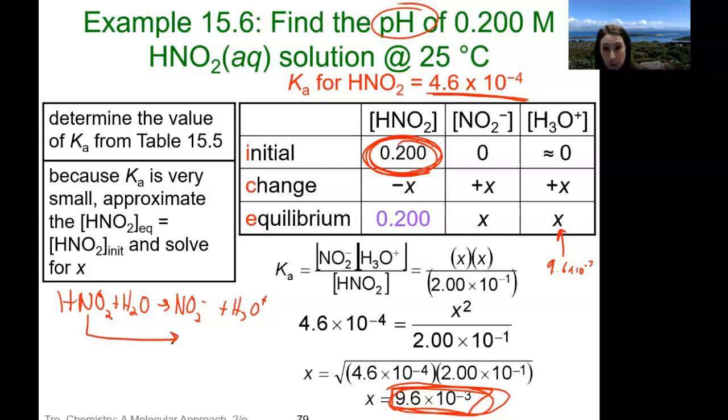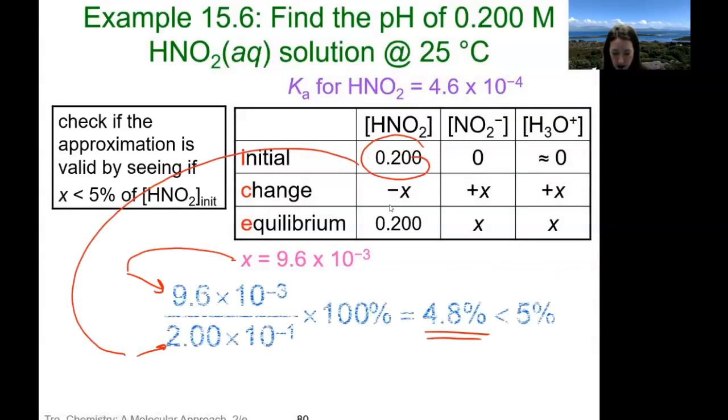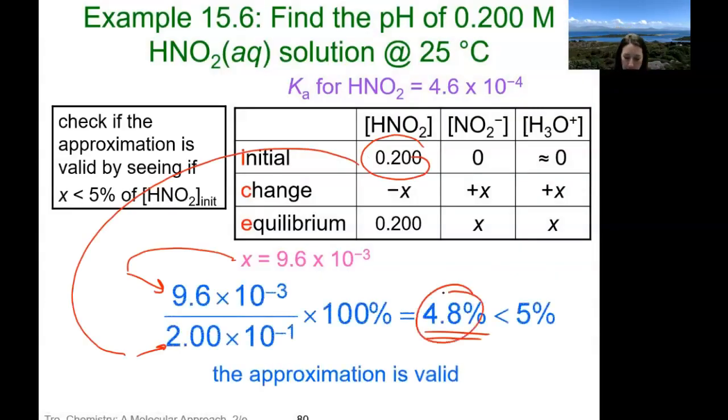Because that's how much of it went from reactants to products. So 4.8%, we say ionized, became ions. So our x is small actually has two purposes when we're doing our acids and our bases. And we'll talk more about that in just a minute. So it ionized 4.8%. That's what we call the percent ionization.